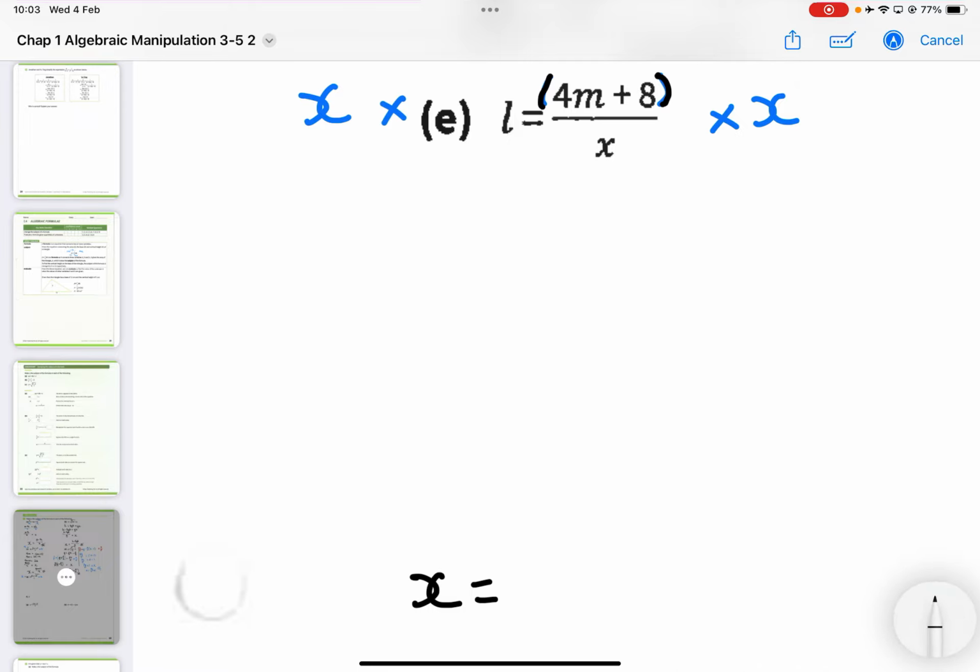Then I will have x times L equals to 4m plus 8. X times L. At first is L. Then I multiply x to cancel away the x.